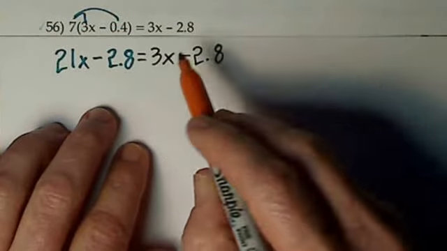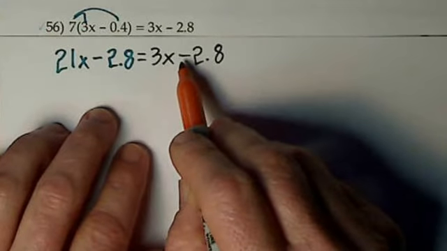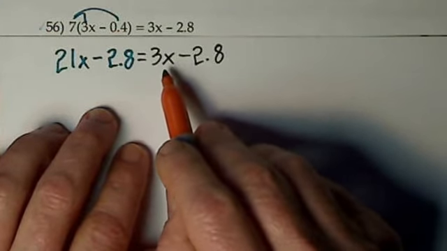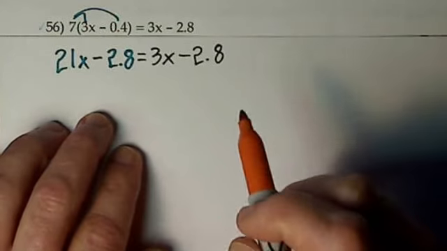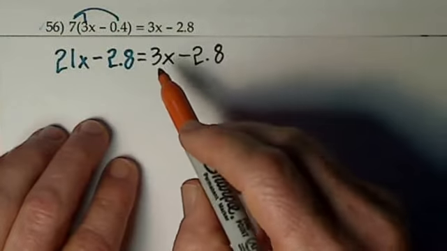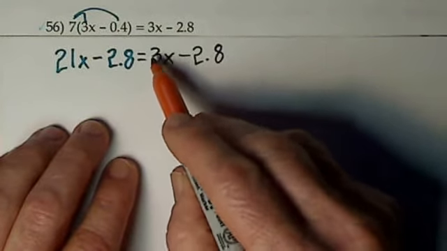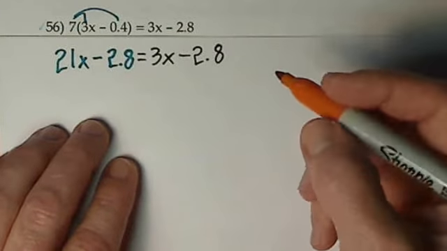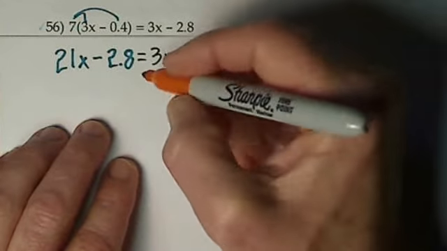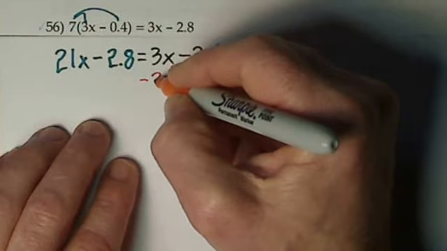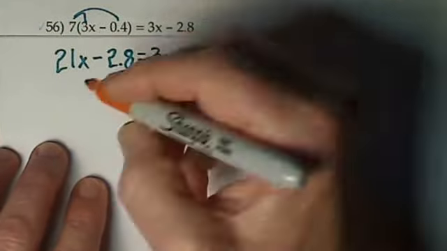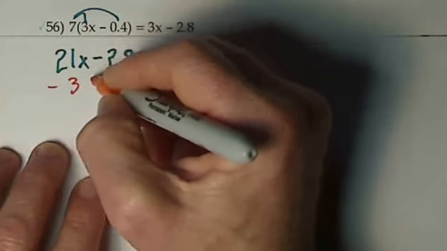So this 3x is held by addition or subtraction, so I'll get rid of it with addition or subtraction. And you achieve the opposite operation by combining it with the same thing with the opposite sign. So this is a positive 3x. Here's negative 3x. Do the same on the other side.